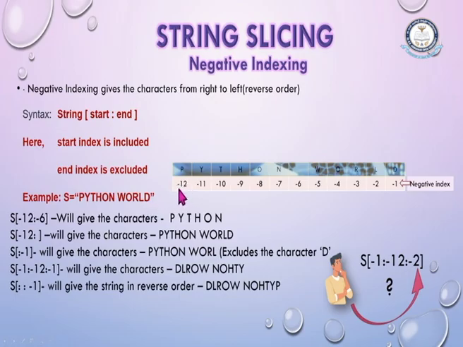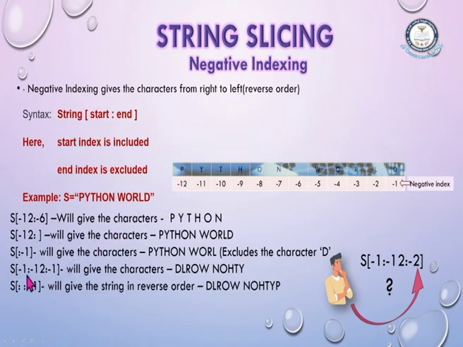When the start index is not mentioned with the negative index, by default it will be -12. In this case also you will get Python wor l. So why is d missing? Because d is at -1, but I have already told you the end index is always excluded. At -1 we are not going to get that character, and before that we have l only. That means up to l only you will get the characters.